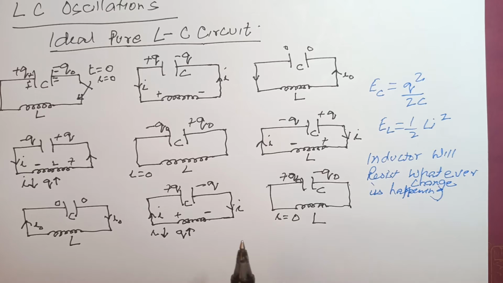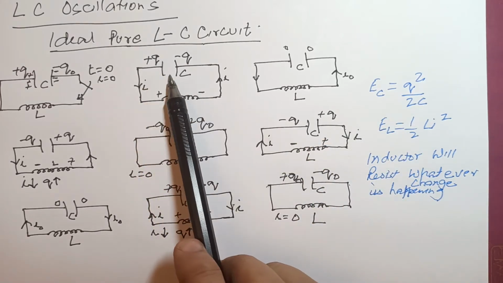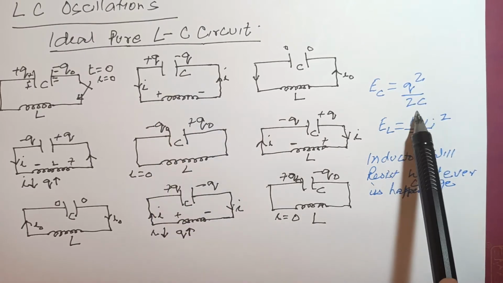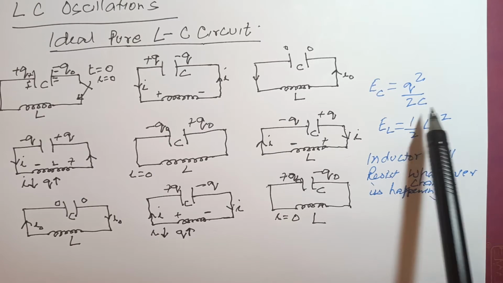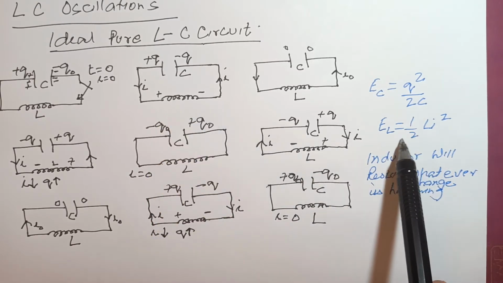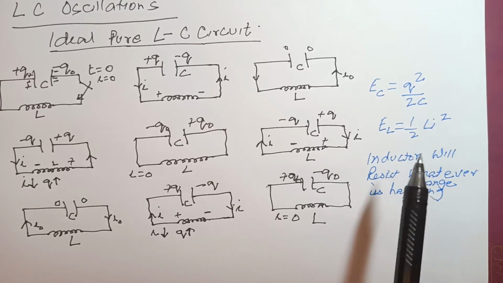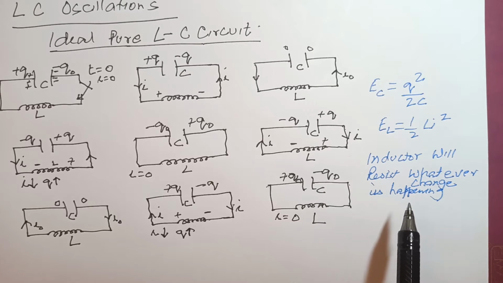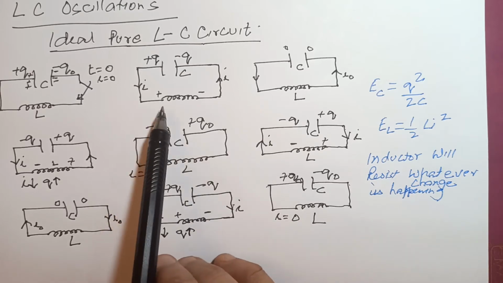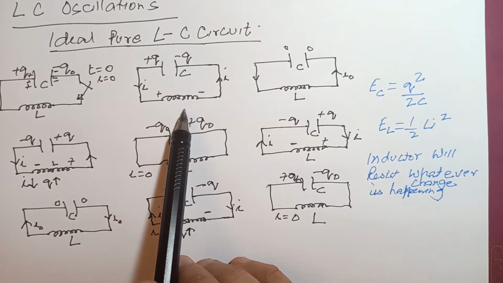Before I start, remember that the energy stored in a capacitor is Q squared by 2C, which we have studied in capacitance, and the energy stored in an inductor is 1/2 L i squared. The third thing to remember is that an inductor will always resist whatever change is happening.